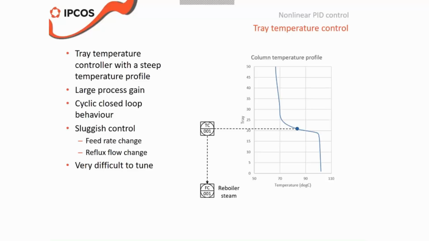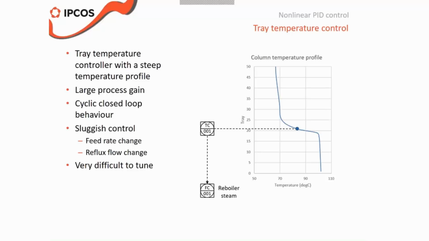But if you have that, you will see that these temperature controllers typically struggle to maintain set point. They cycle a lot, they show sluggish behavior, and it's not very easy to tune these. You definitely see them struggling when the feed to the column is changed.